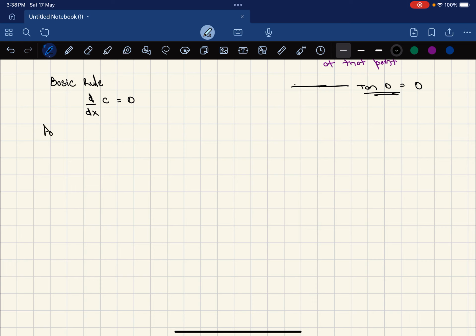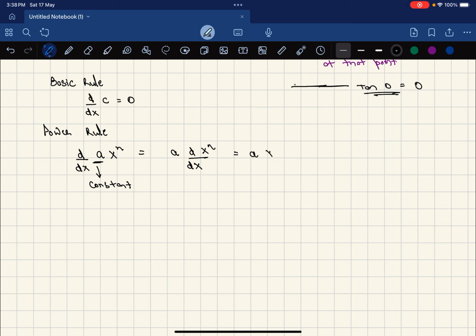Next, we will be looking at the power rule. Now we'll be looking at some of the rules which can be applied directly. You don't need to understand how we arrived at those rules, but we'll be looking at some examples as well. Here a is a constant. Whenever you find a constant, you can straight away bring it out of the derivative operator and operate on the remaining part. So a is brought outside here, and we are left with the derivative of x to the power n with respect to x.